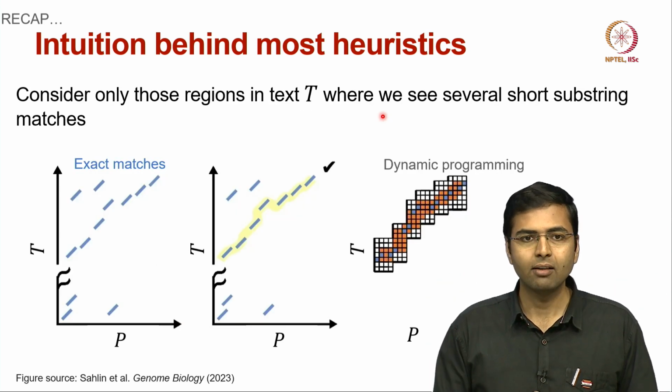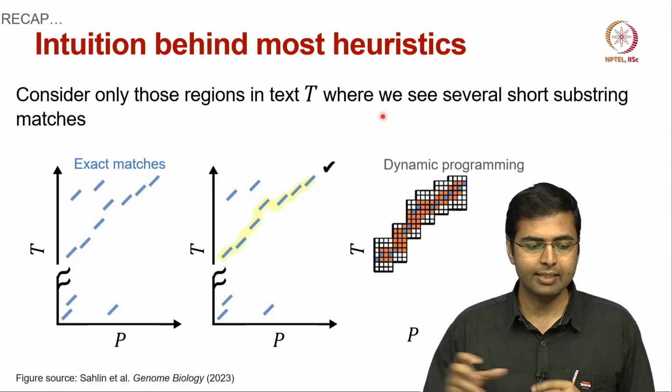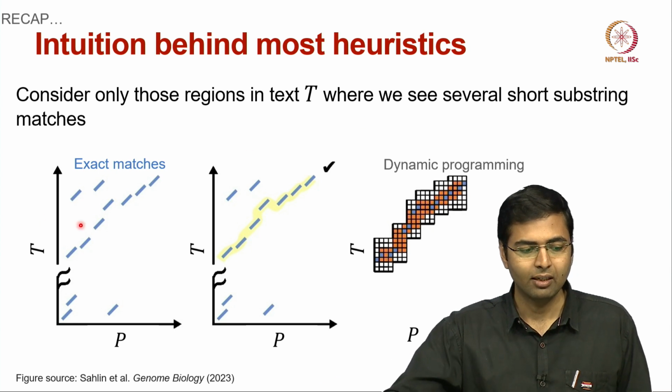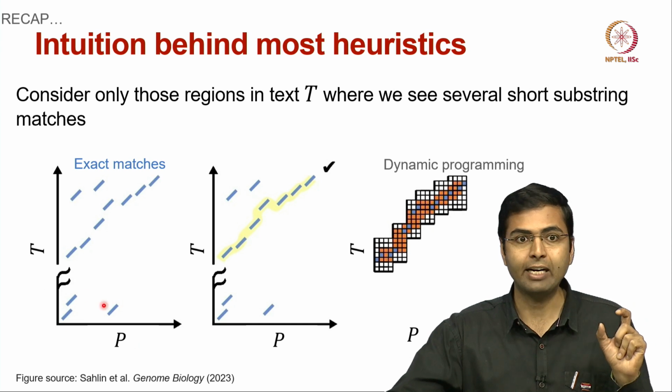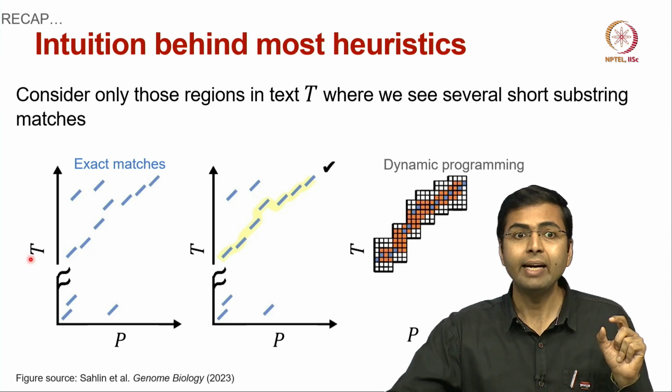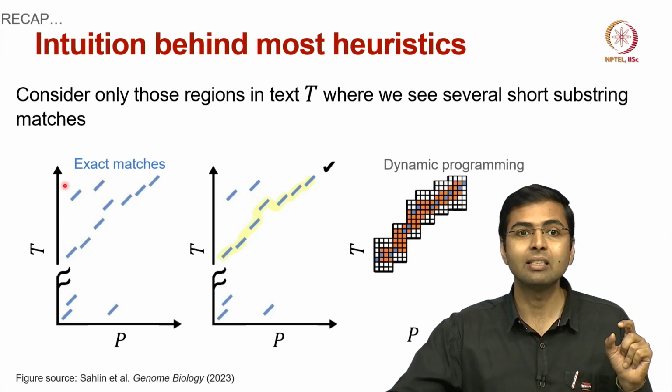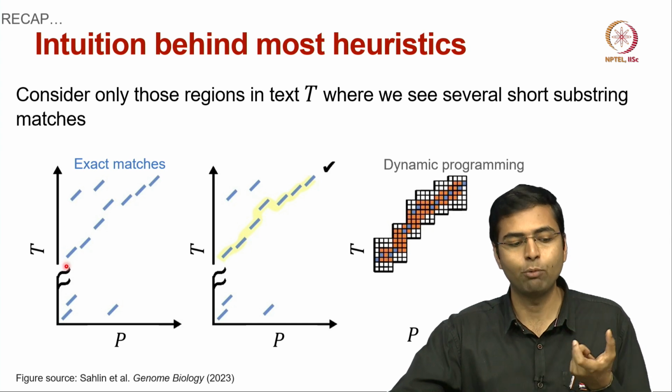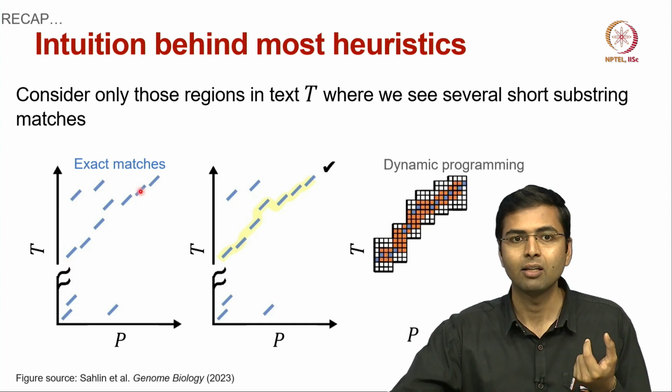For that, the basic intuition that we are following is that we can compute short exact matches between the pattern and the text, and then we can consider only those regions in the text where we see a sufficient number of these exact matches.